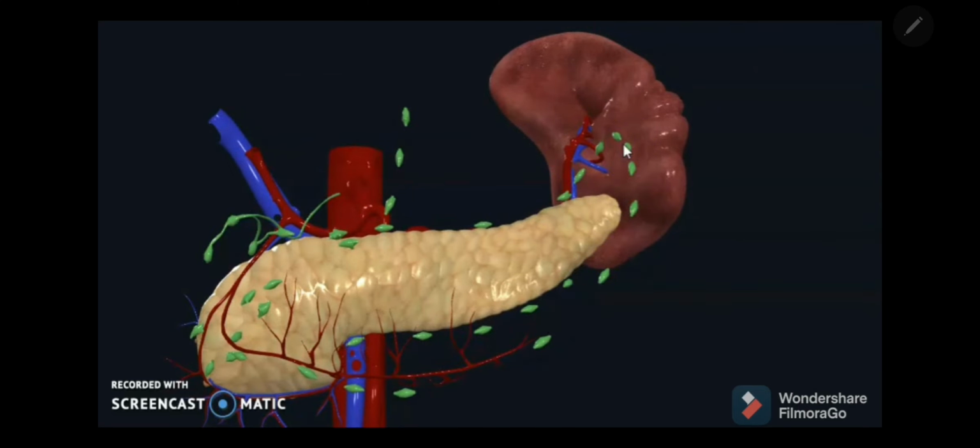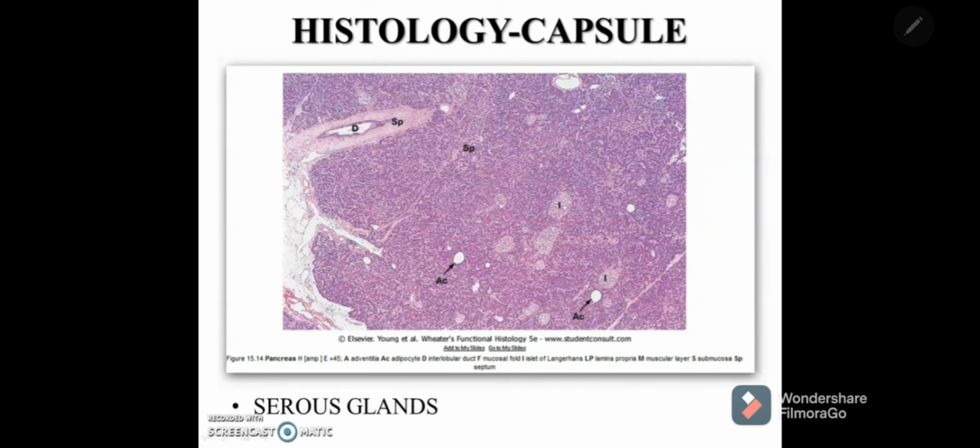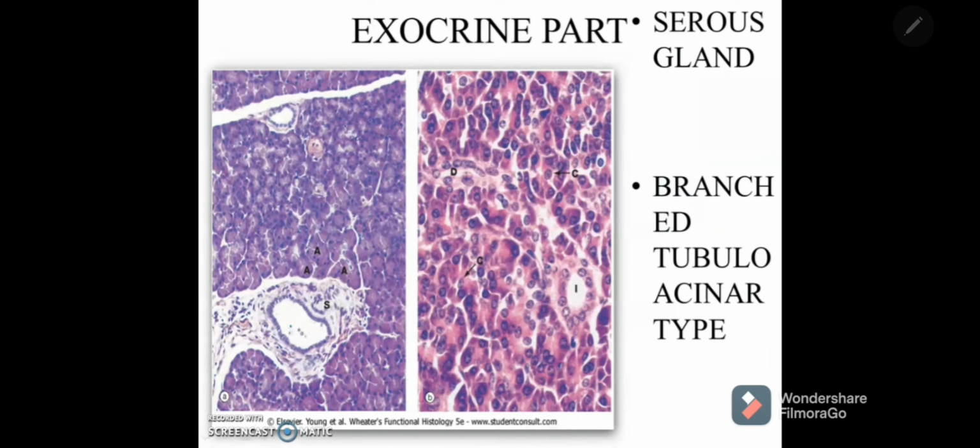These all drain the pancreas, and depending upon their venous drainage, partly into superior mesenteric and celiac lymph nodes. Coming to the histology, as we have already discussed, it has an exocrine part which is serous in nature, and it has serous acini. You can see here, these are the small serous acini.